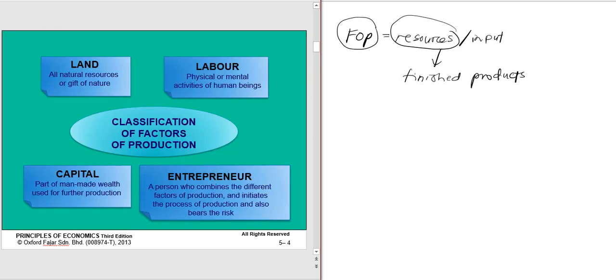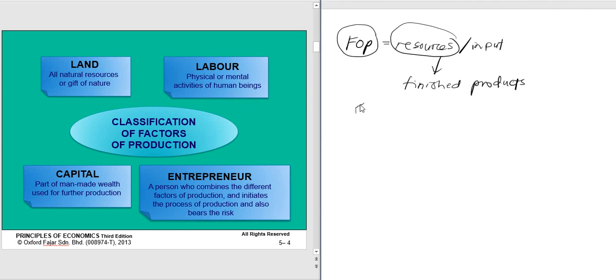These are the examples of factors of production that producers will use in their production. The first component is land.